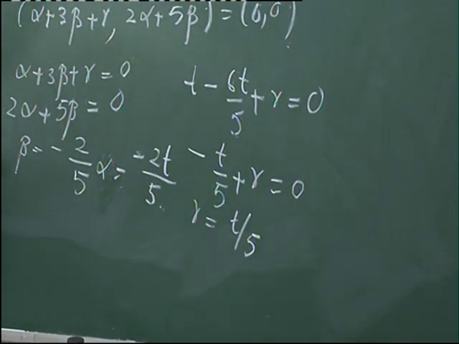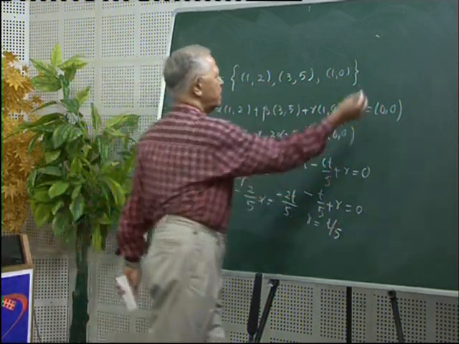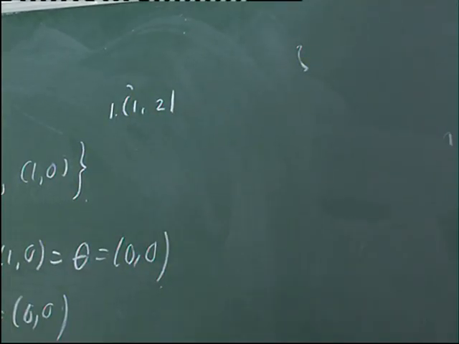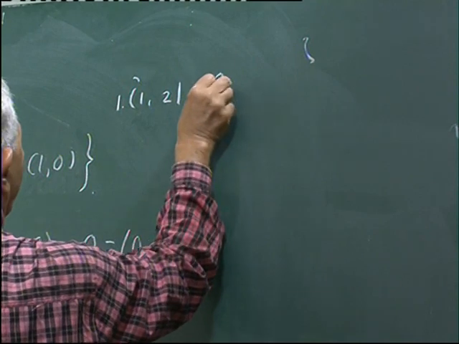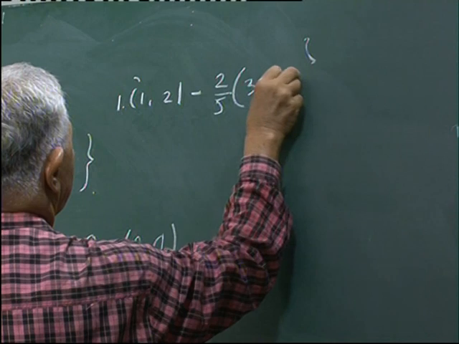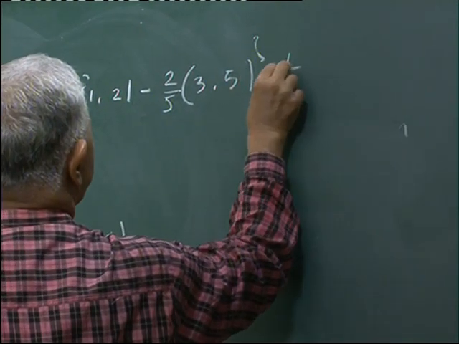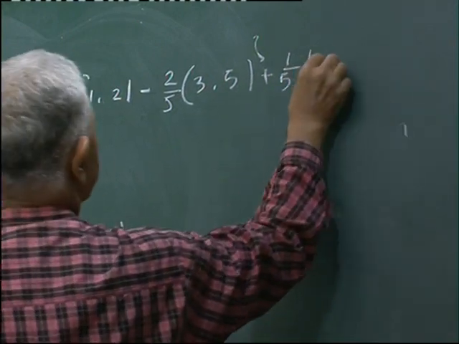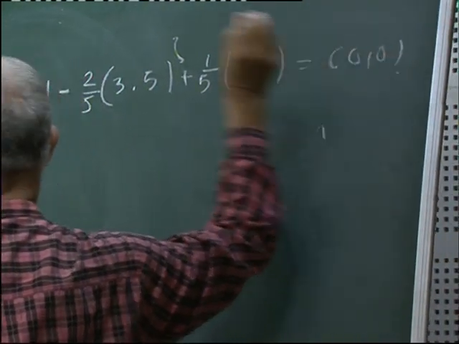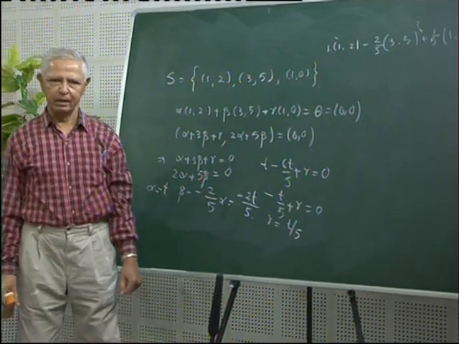Now taking t equal to 1, what we get here is 1 into (1, 2), beta is minus 2 upon 5 times (3, 5), and gamma is 1 upon 5 times (1, 0). This is equal to (0, 0), and that implies that this set becomes linearly dependent.